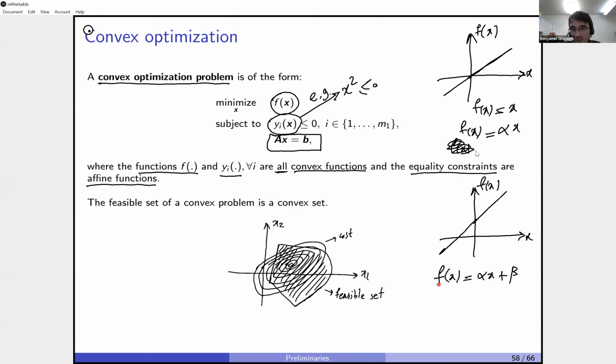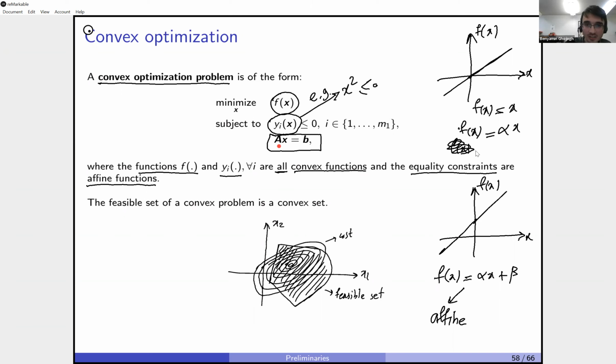In the literature, we usually call both of these linear. But if we want to be more precise, we call it linear when it passes through the origin. When it doesn't pass through the origin, it has some bias, and we usually call it affine. So affine is linear, but with bias, so affine is more general than linear, right?